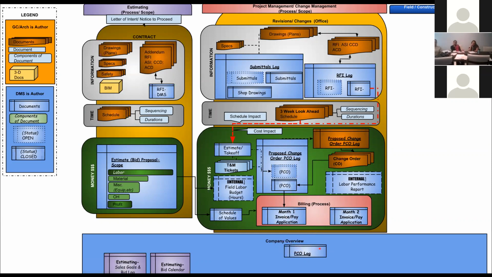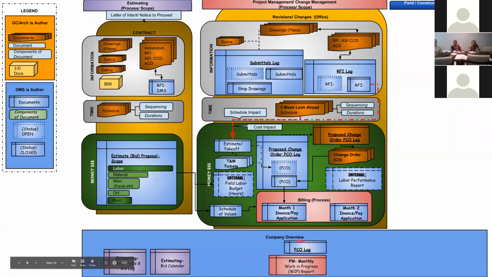We can literally just look at your PCO log and be able to know where we're at financially on the project, which will tie into another item called a monthly work in progress report. Project managers do what's referred to as a WIP report, where we look at the money, costs, and projections of where this project's going to be at to determine profitability.